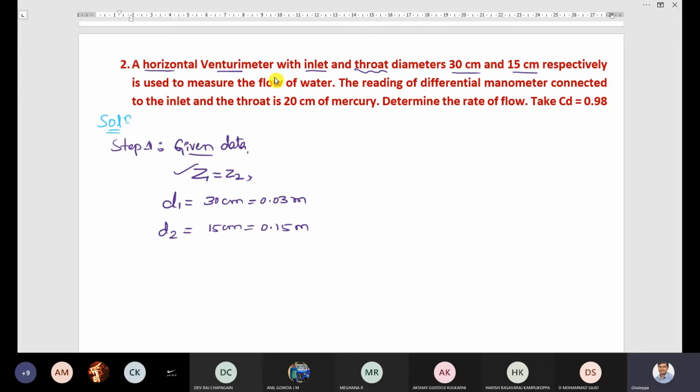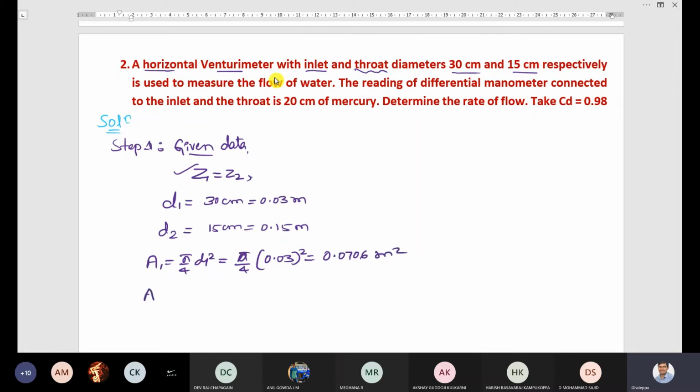As soon as you write the diameters, you calculate the area. So A1 is equal to pi by 4 D1 square. If you substitute all the values, I will get pi by 4 into 0.3 whole square. So I will get 0.0706 meter square.